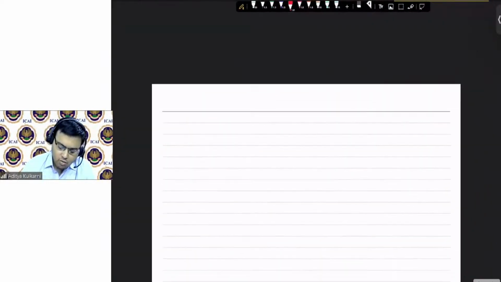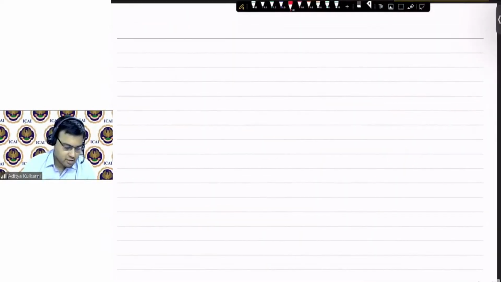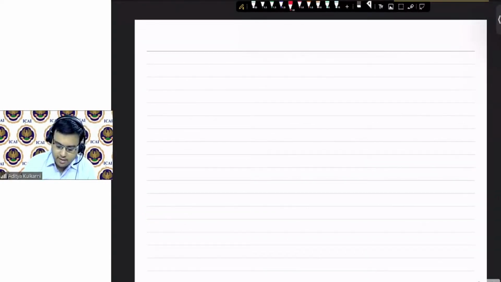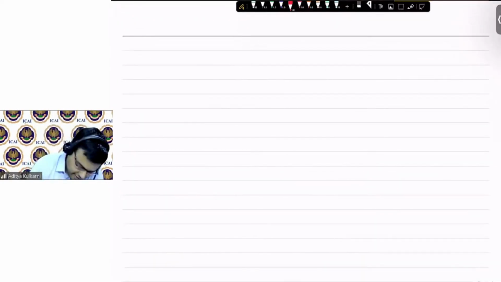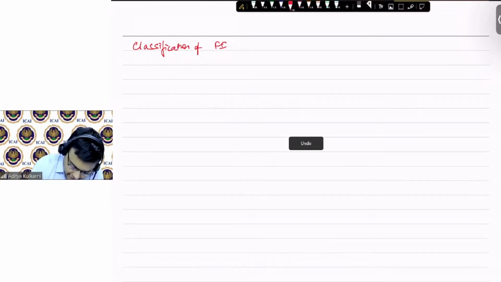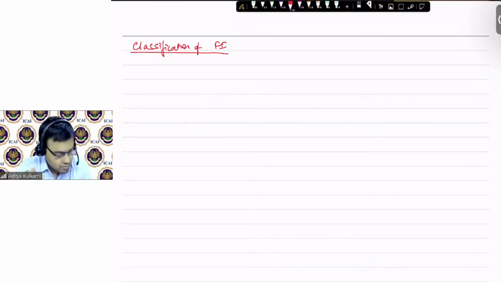So now we start with the next set, classification of financial instruments. Very, very important. Two things are very important now: classification of financial instruments, and after the classification, the accounting.